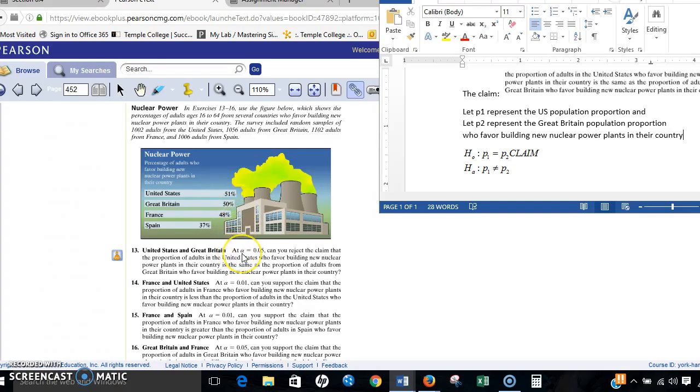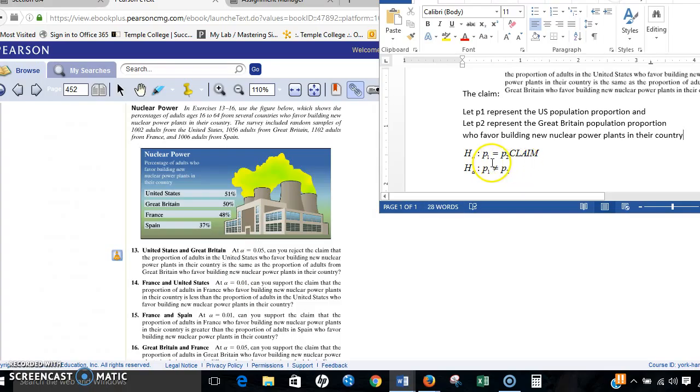It says at a level of significance, alpha equals 0.05, that's 5%, can you reject the claim that the proportion of adults in the United States who favor building new nuclear power plants in their country, the USA, is the same as the proportion of adults from Great Britain who favor building new nuclear power plants in their country? So that's our claim, is that the two population proportions are the same.